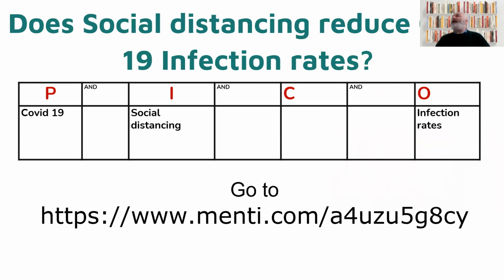So Vanessa, if you wouldn't mind putting that URL into chat, and just as you did with the previous question, if you could go there and think of any other way of describing COVID-19, any other way of describing social distancing, and think to describe or define infection rates.